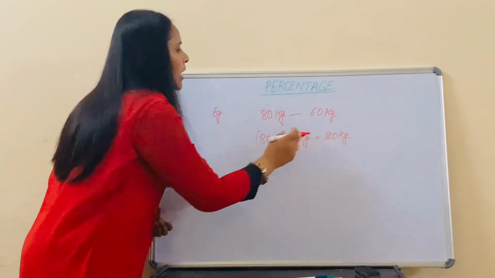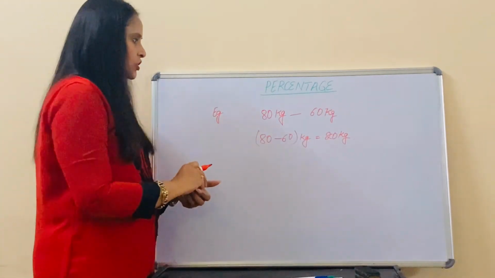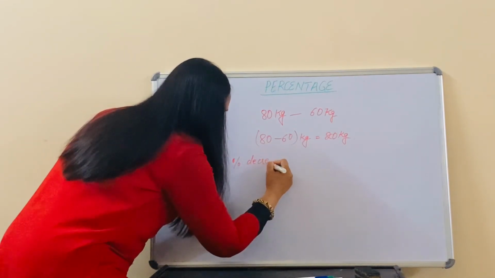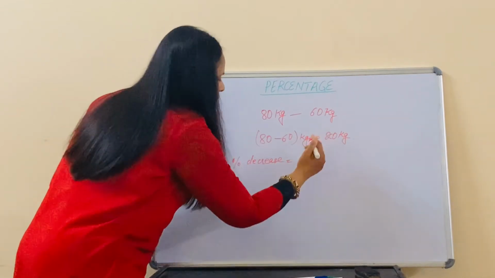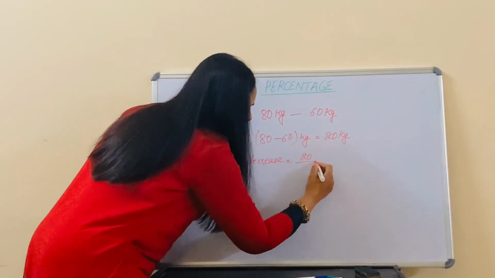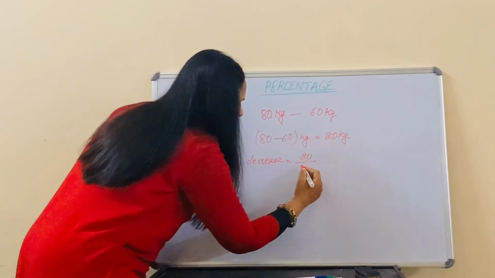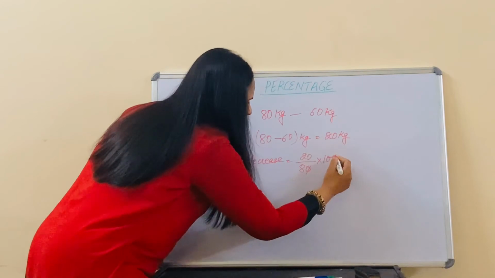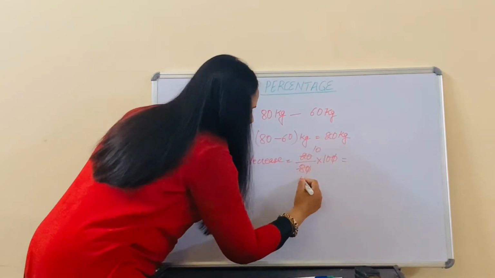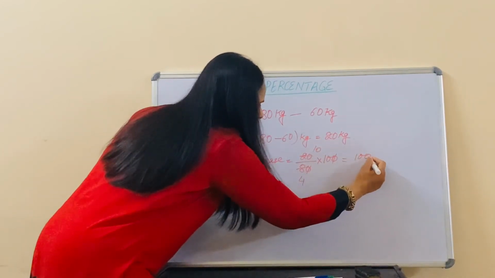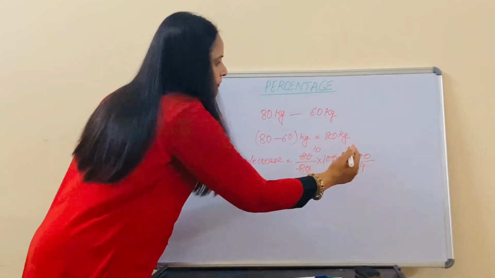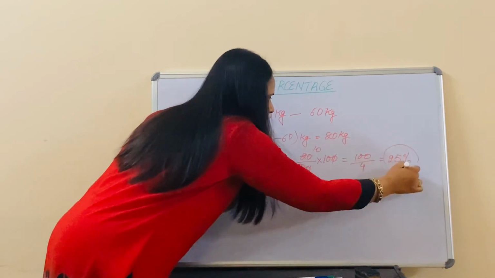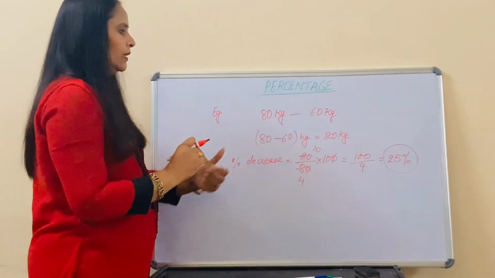We have to calculate how much she has decreased in percentage. For that calculation, we can apply this simple formula, the decrease, that is 20 kg, divided by the original value, that is 80 kg, multiplied by 100. 100 divided by 4, again simplifying it, we will get 25. So there is the decrease of 25% in the weight of that lady.